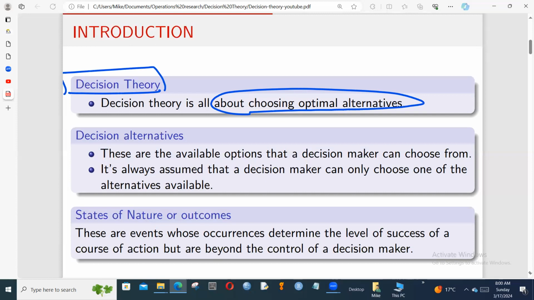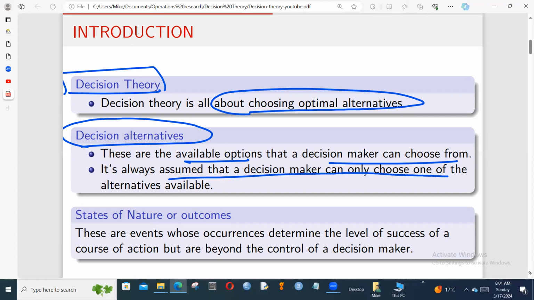And so when we say decision alternatives, we are talking of available options. Those are the available options a decision maker can choose from. And so in decision theory, we want to choose the best out of them. And even as we make these choices, it's always assumed that a decision maker can only select one of these decision alternatives.